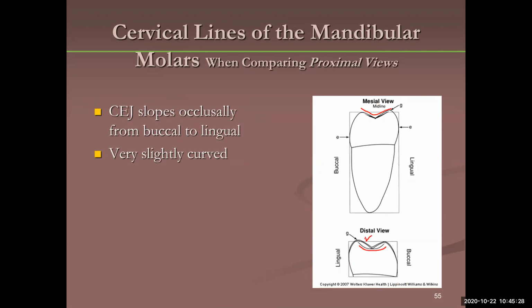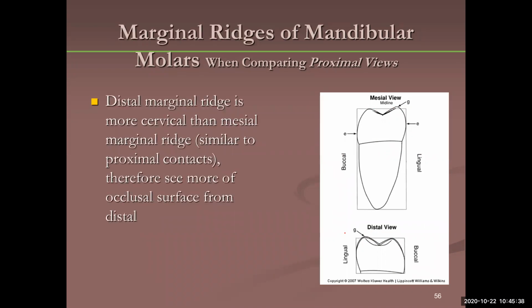And these are the mesial cusps that you can see from the distal, because it's just showing you that the mesial is a little bit taller. Distal marginal ridge is more cervical than the mesial marginal ridge, which means it's lower, it's closer to the CEJ because it's shorter. That's all it's doing, is saying it's shorter on the distal.